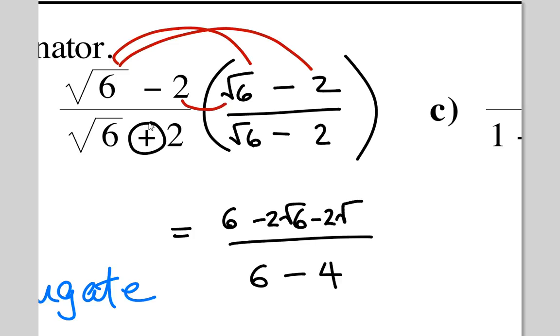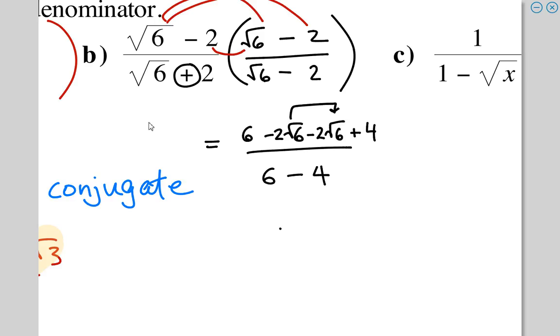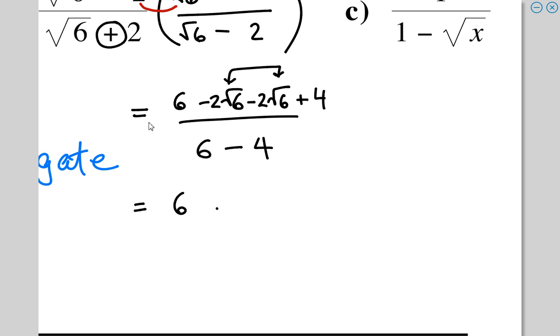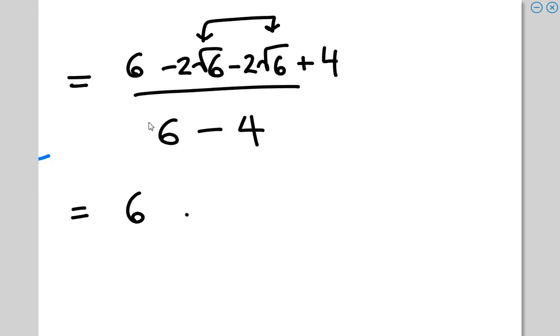Negative 2 root 6. And then the last one is positive 4. And what's going to happen to these guys in the middle? We already know what's going to happen. Not cancel out. Did these cancel out? They doubled up. So that's what's happening here. So negative 2 is going to become negative 4.